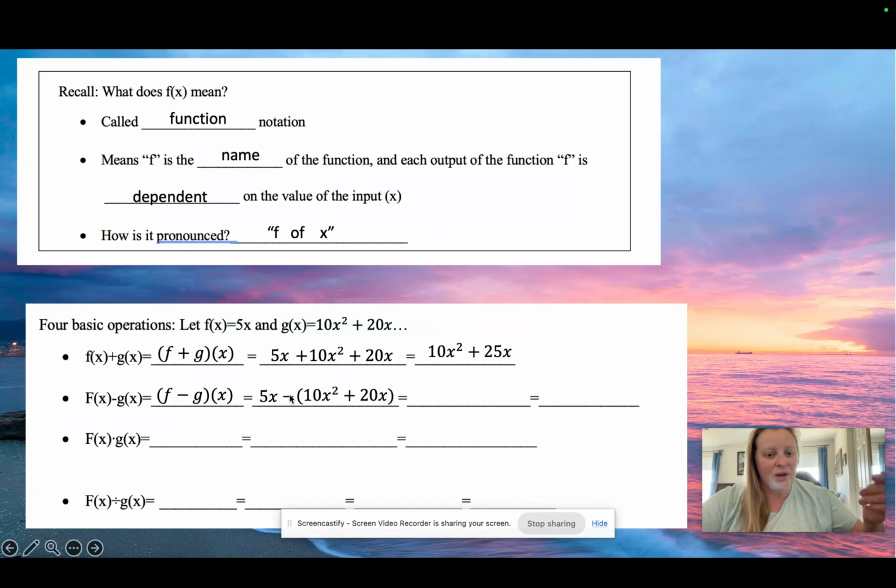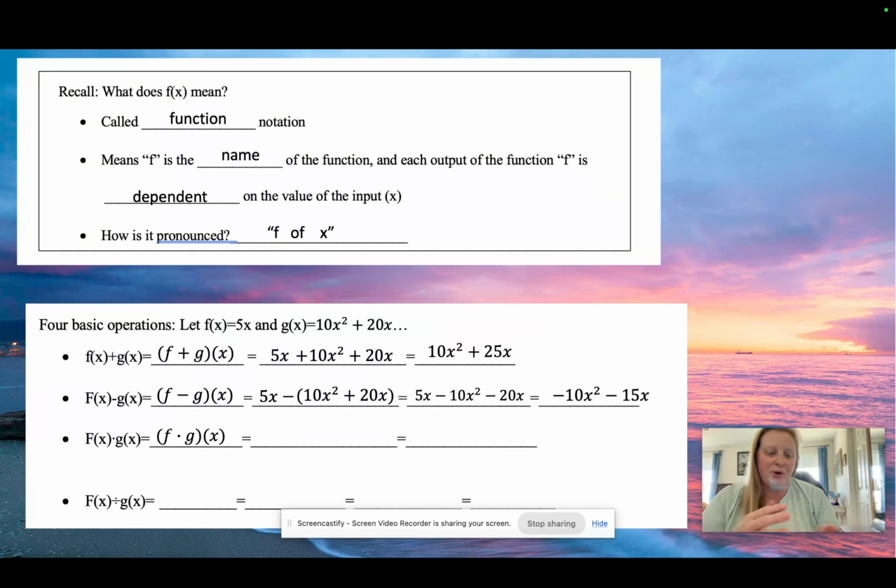A lot of kids forget to apply that minus sign to both of these. So typically if you put in parentheses, you won't make that mistake. And then 5 minus 20, we can consolidate to negative 15. And then we just keep going. So it's kind of like the same pattern over and over.